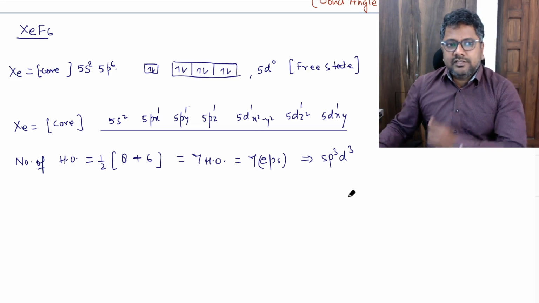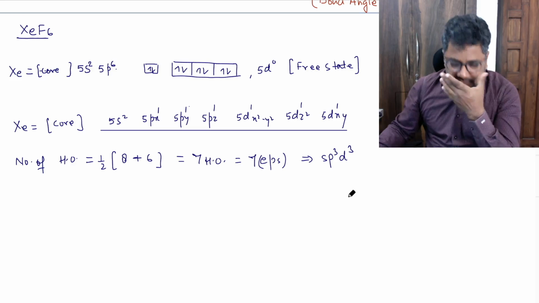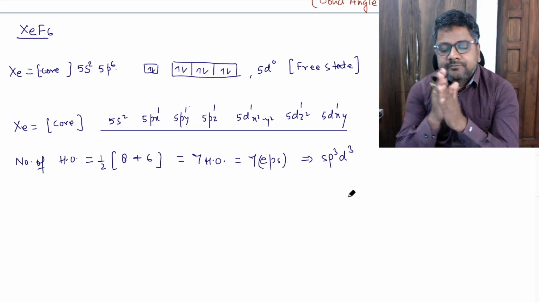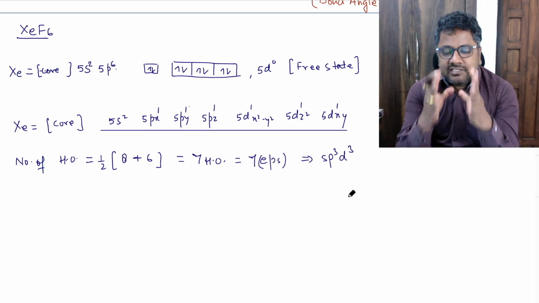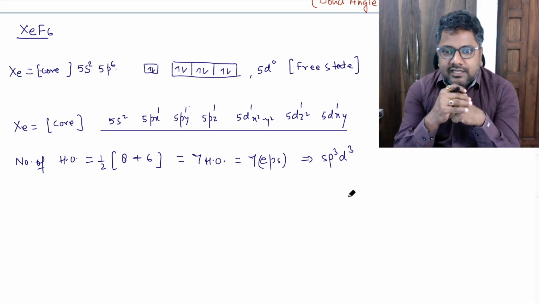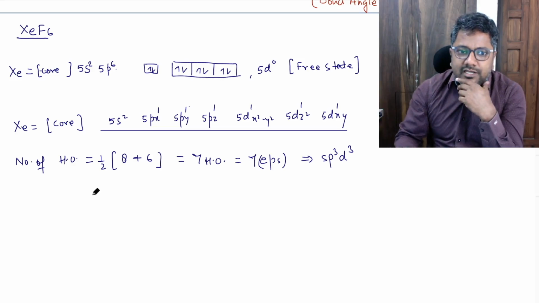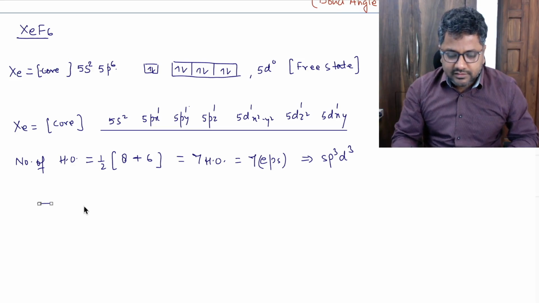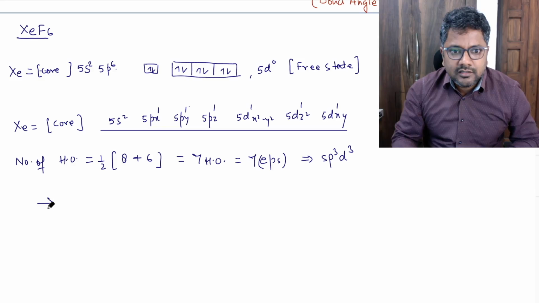But you know, this molecule has some problem. The experimental observation shows that as per this hybridization, the geometry should be pentagonal bipyramidal, PBP.